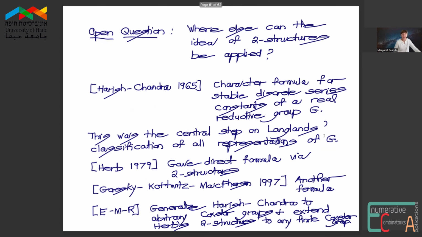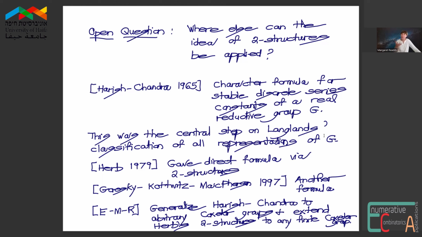What to do in general? The last thing I wanted to do was say something about these 2 structures. It was so amazing when we found out about 2 structures, learning about this work of Herb. So where was this coming from? Harish-Chandra in 1965 gave a character formula for stable discrete series characters of a real reductive group.